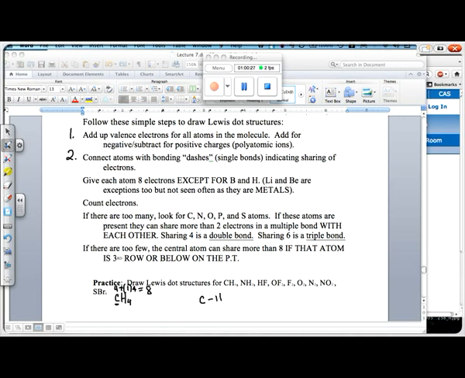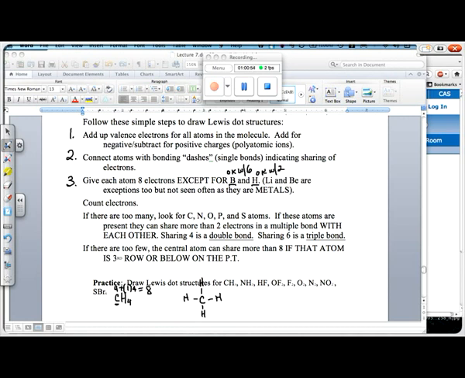So we're just going to go ahead and connect those 4 hydrogens to that carbon with single bonds. Okay? Step number 3, give each atom 8, except for hydrogen, which we've also talked about, and boron. Boron is okay with 6, and hydrogen is okay with 2.